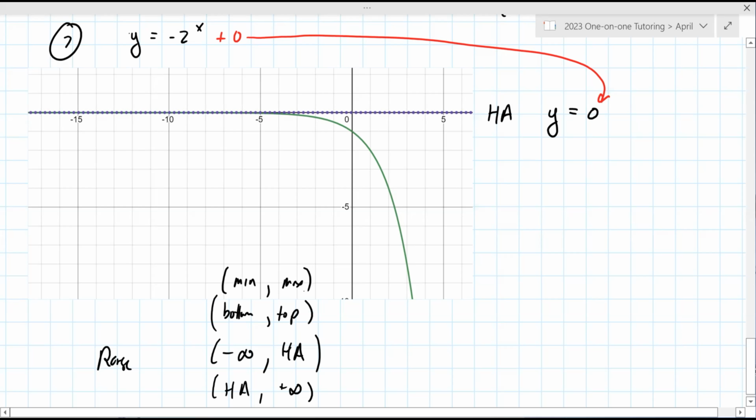I don't know if either of those phrases sounds better than another, but do you want to tell me which one you think it is? Is it -infinity to 0, or is it 0 to positive infinity? Basically, how far does this green line go down?